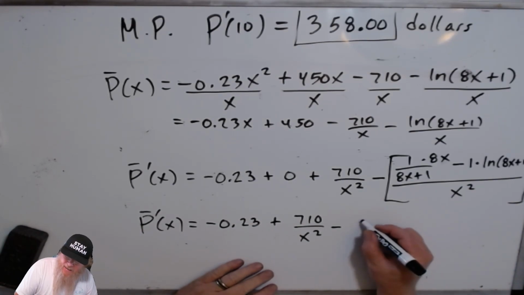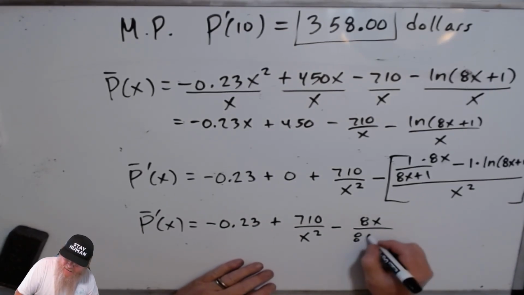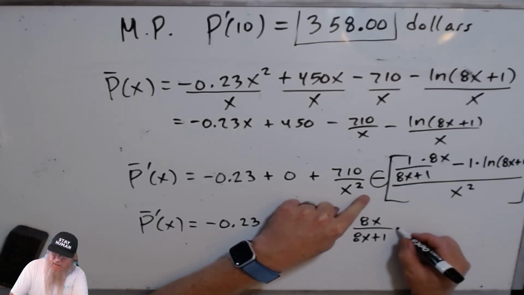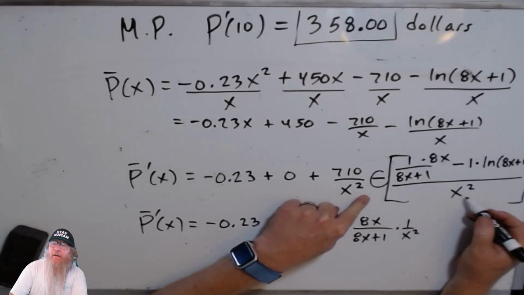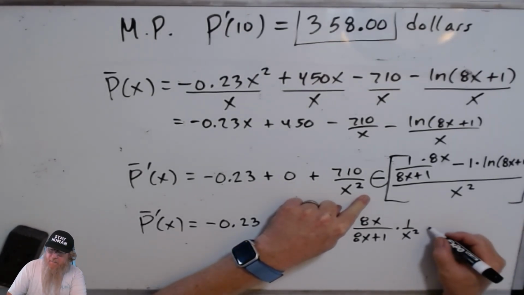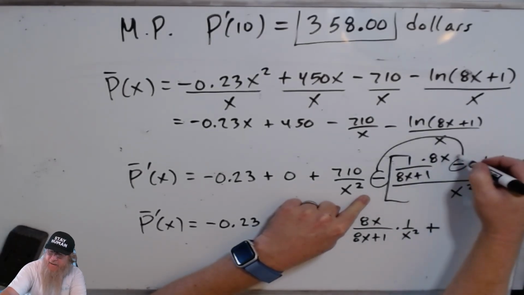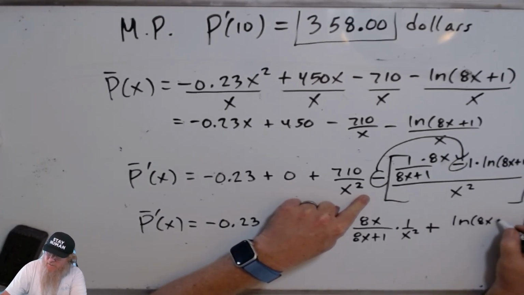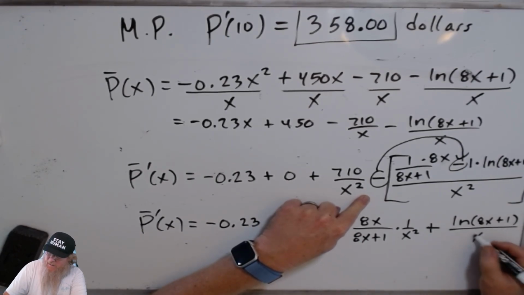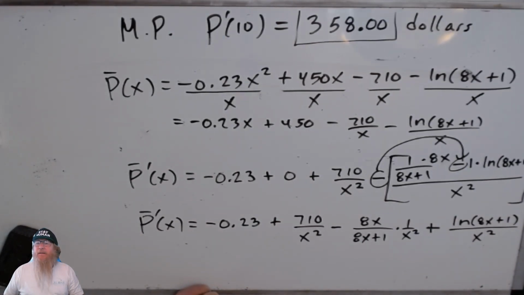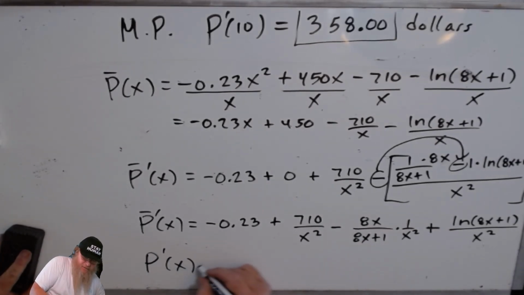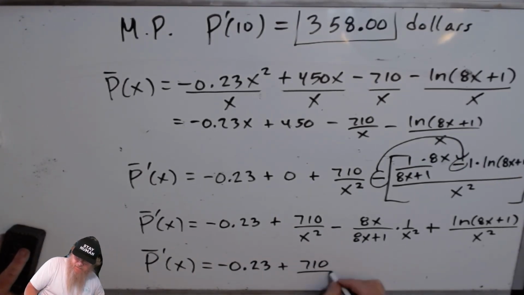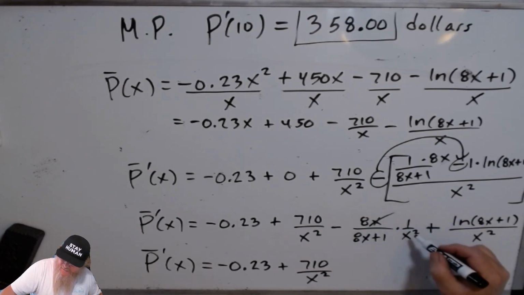This is going to be 8x over 8x plus 1 minus, times 1 over x squared. Plus, you have a minus ln 8x plus 1 over x squared. And so I can cancel x and x squared.